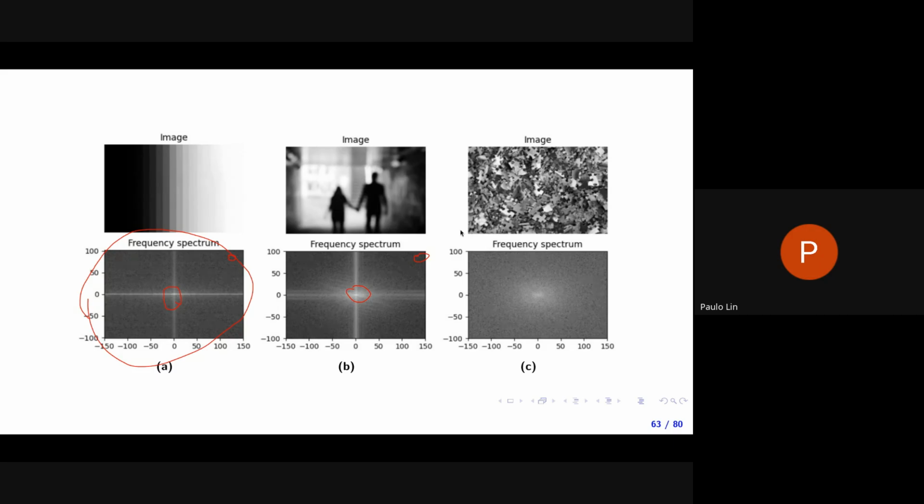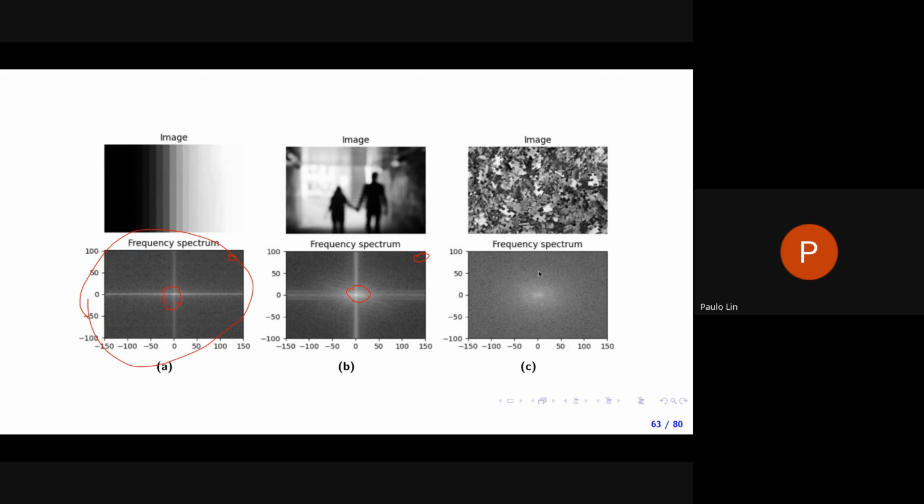And in the example on the right, we can see the presence of high frequency components because there are many sudden or sharp changes in intensity.